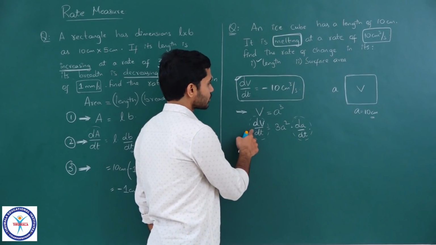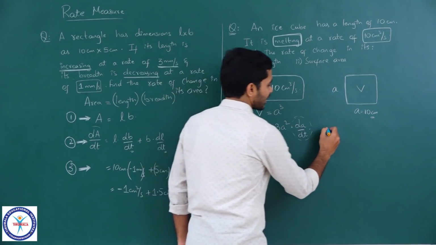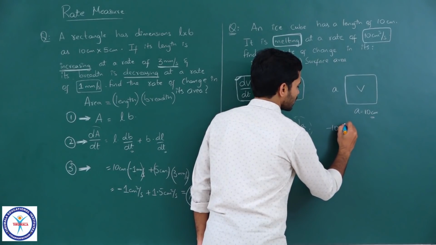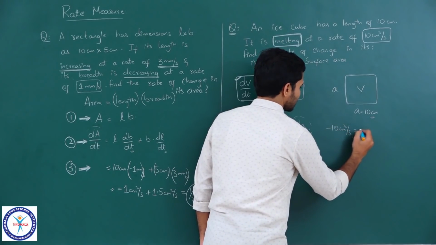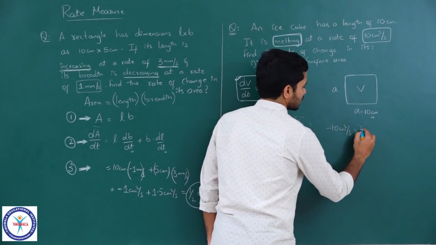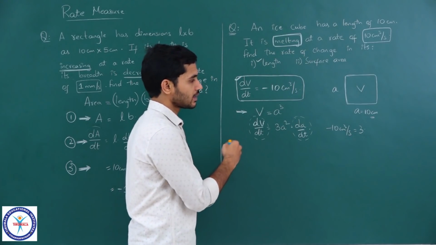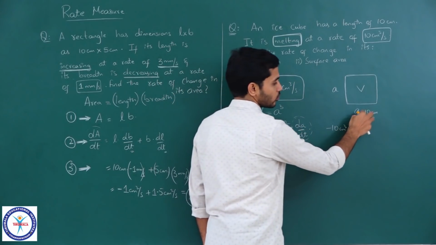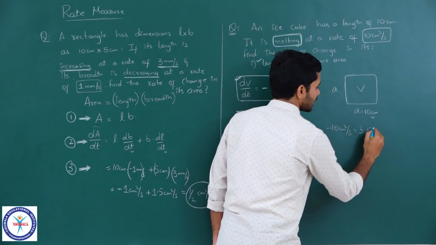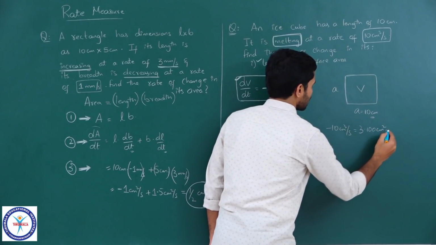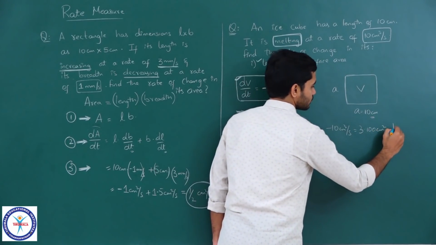Let us substitute the values. We substitute dV by dt as minus 10 centimeter cube per second is equal to 3 into a square. A square is 10 centimeter whole square, which gives us 100 centimeter square into dA by dt.